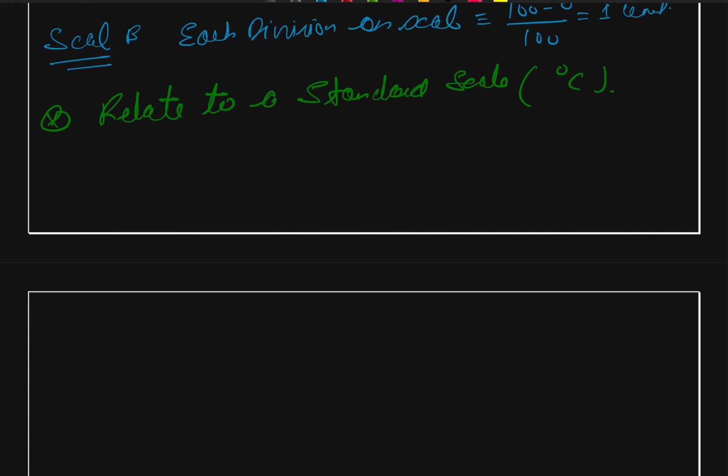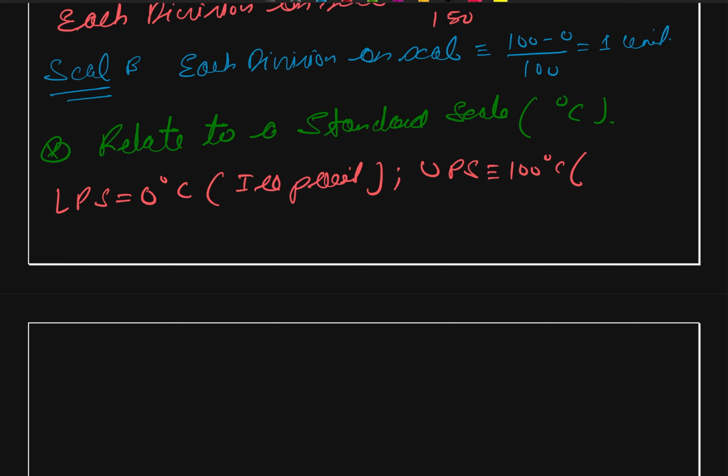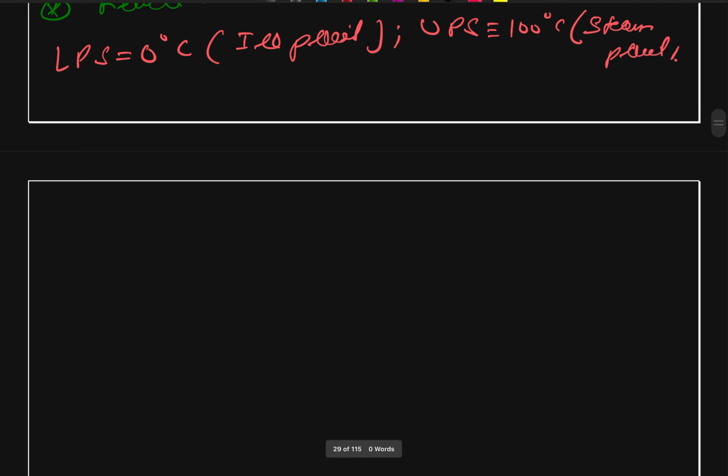And for that, we assume that our lower point of the scale is 0 degree centigrade, which we can also call the ice point, and we have our upper point of the scale, let us call this 100 degree centigrade, or the steam point. Once again, we are going to do it for scale A as well as scale B.